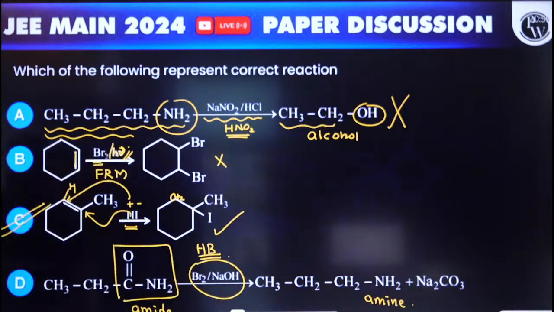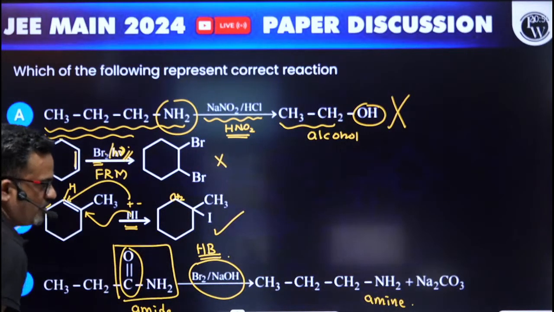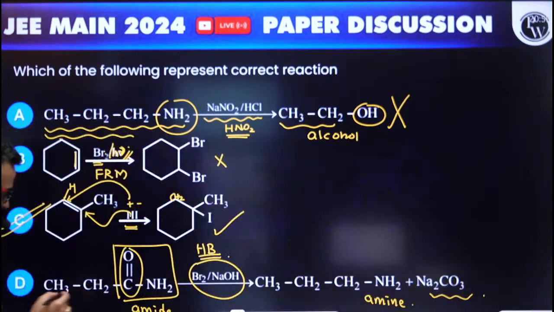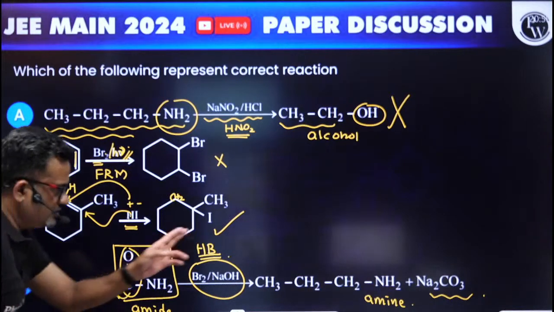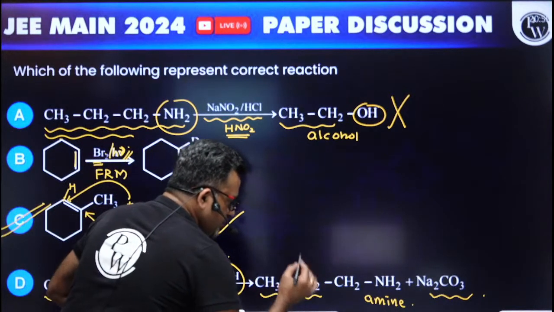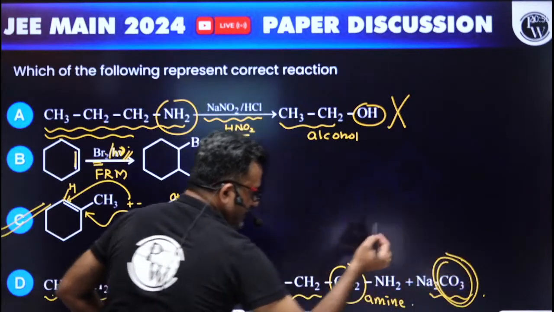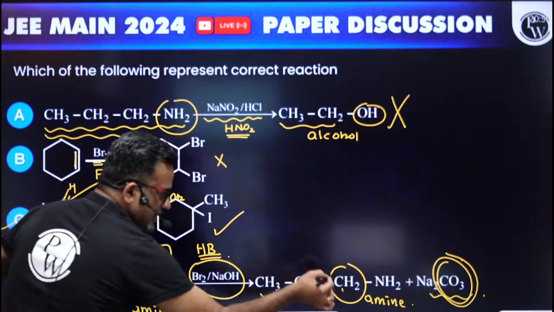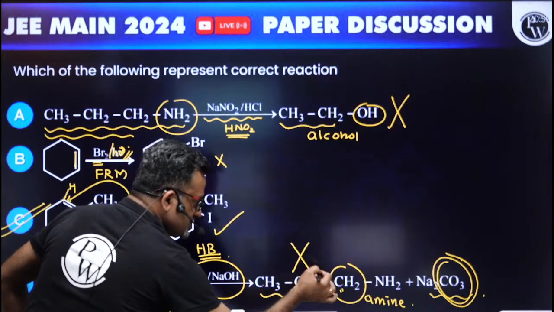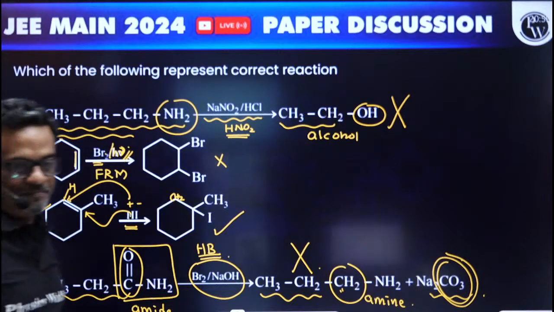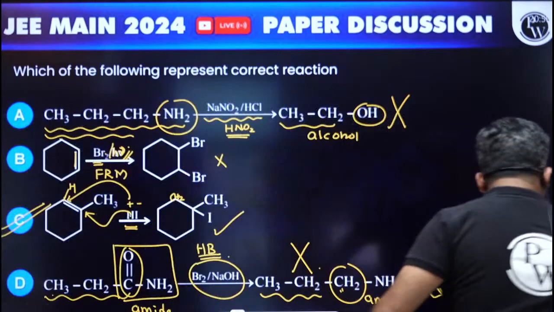But this carbon will go out in the form of carbonate. Yes, as a result, there should be degradation. There are 3 carbons here, no? In the product, there should be only 2 carbons. Despite one carbon going out in the form of carbonate, this carbon is still there. 1 carbon is extra. Therefore, this answer is wrong. The only right answer is the option C. Is that clear?